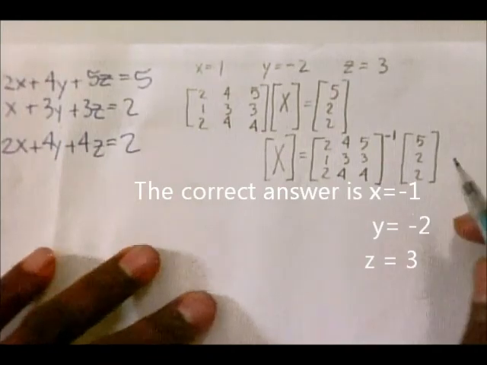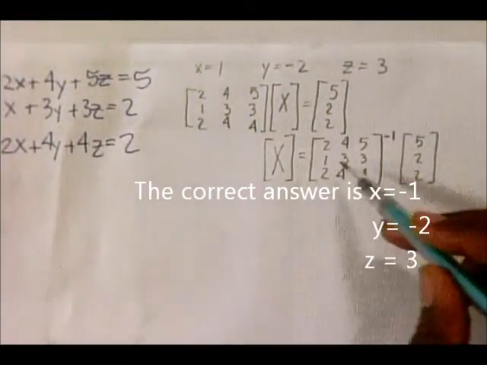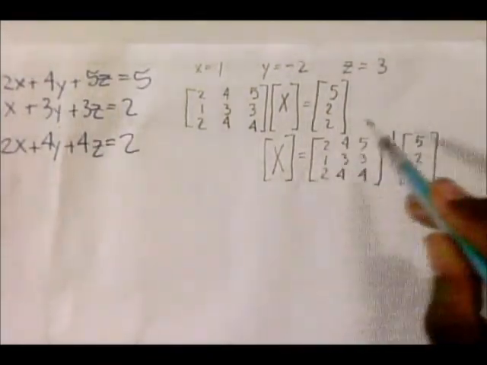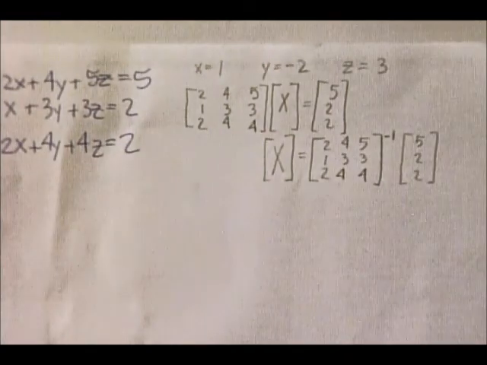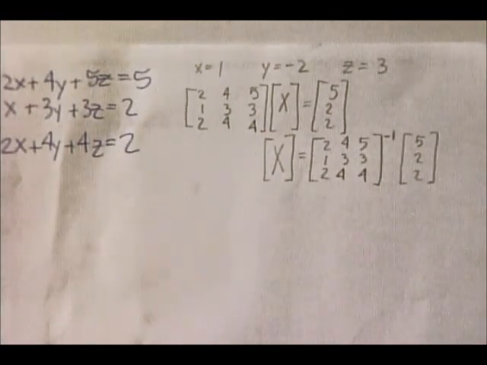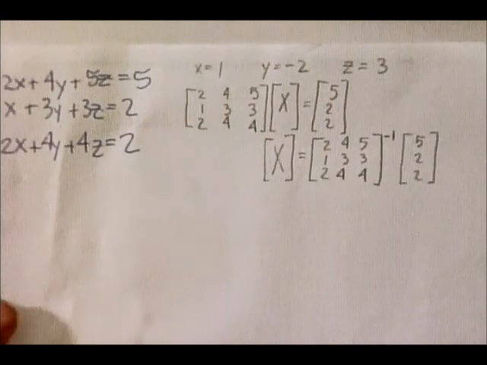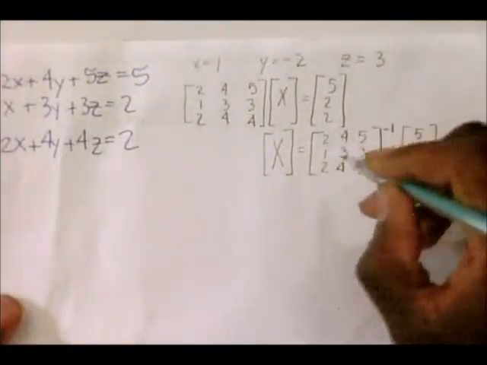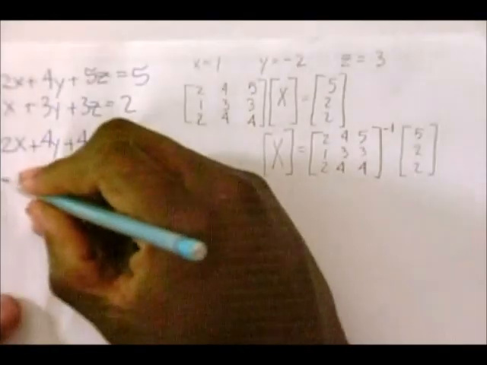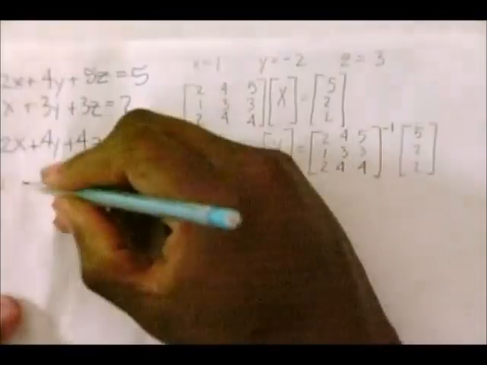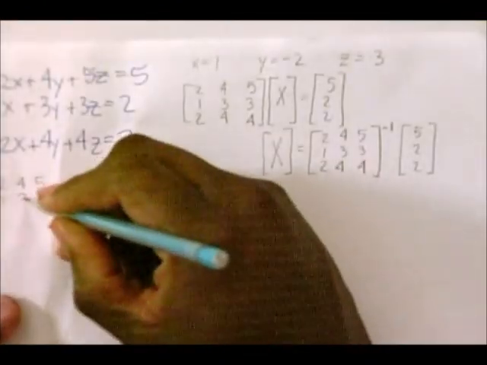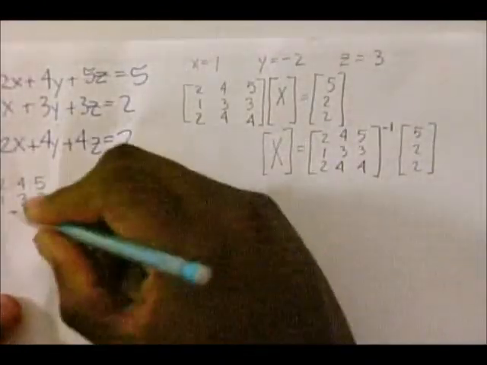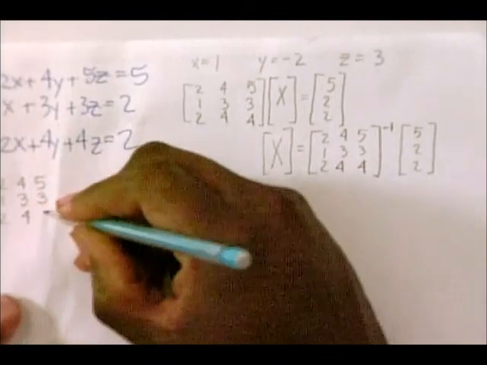All right, so let's start. Finding the inverse is a rather lengthy process, so that's why this problem might require the entire hour that we have together. The way we go about finding the inverse of this 3 by 3 matrix is to start with the main matrix of 2, 4, 5, 1, 3, 3, 2, 4, 4.